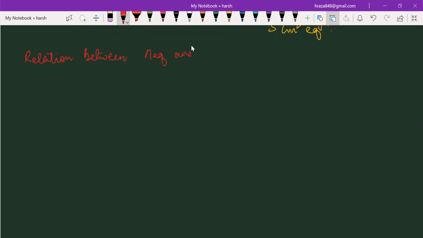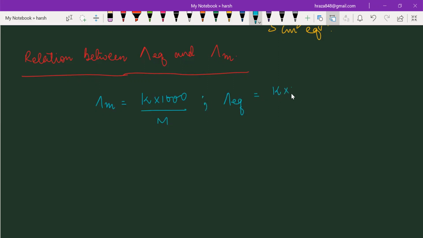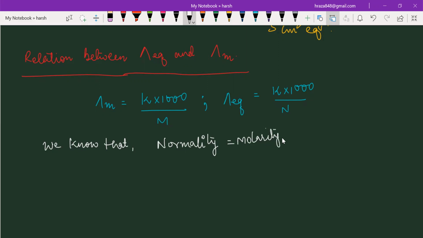You already know that lambda m is equal to kappa into 1000 upon M, and lambda eq is equal to kappa into 1000 upon N. We know that normality is equal to molarity into n factor, or valency factor.